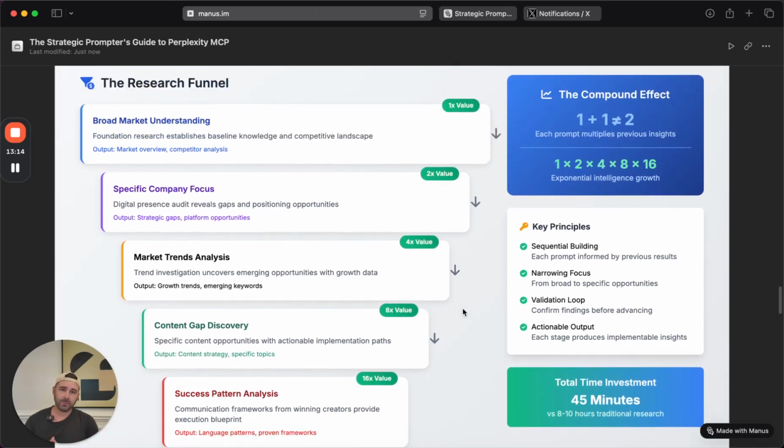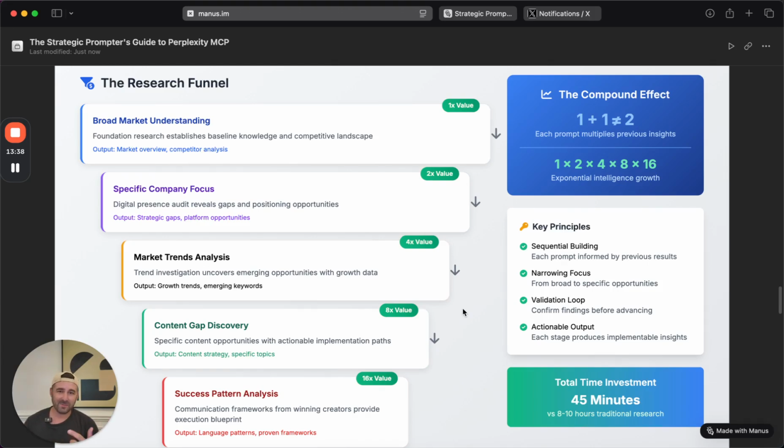So some of the key principles here, number one, sequential building. Each prompt is informed by previous results. Step two, narrowing the focus. You're going broad at the beginning and you're narrowing in as you're filtering through these ideas that the LLM is throwing at you. Validation loop, confirm the findings before advancing. So you can do research steps in between to make sure that you're on the right track.